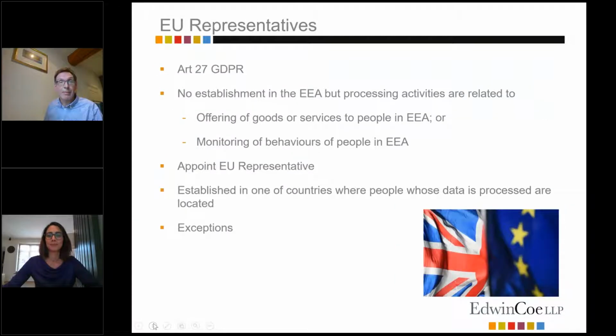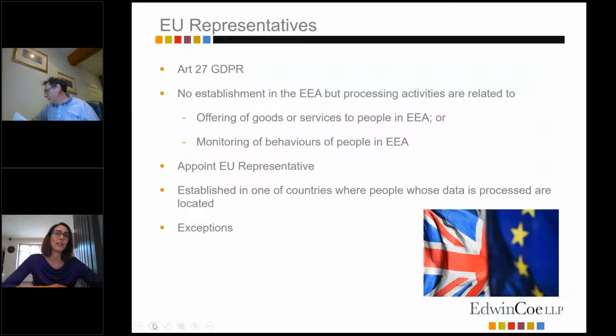Okay. So I'll hand over to Selina for a little bit about EU representatives. Perfect, thanks, Nick. Yes, so I'll be talking about the requirement for businesses to appoint a representative under the EU GDPR, as well as the UK GDPR at the end of the transition period. So the primary role of a representative is to act as a point of contact for both supervisory authorities and data subjects.